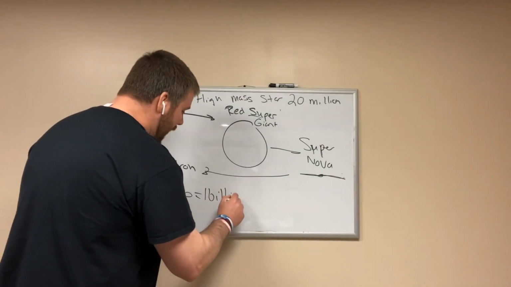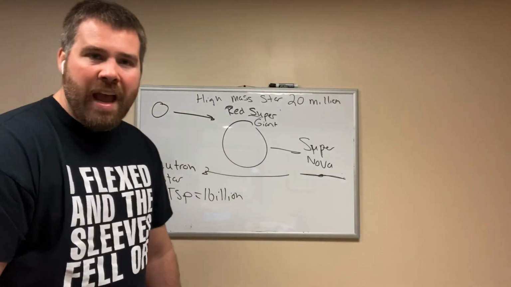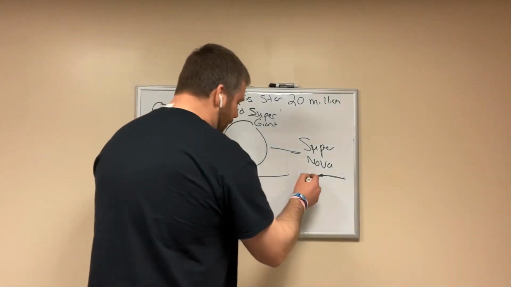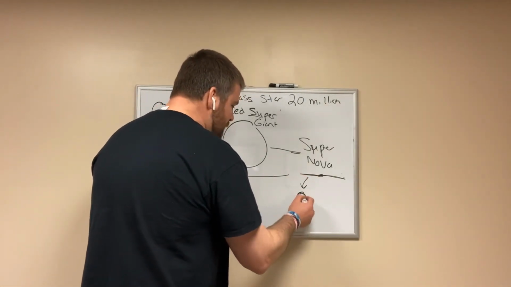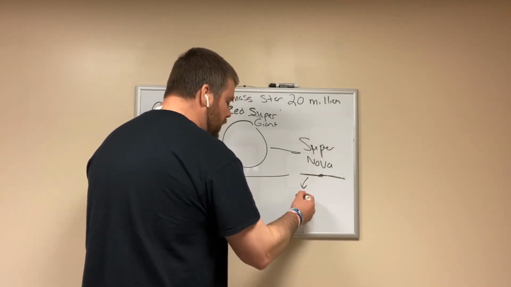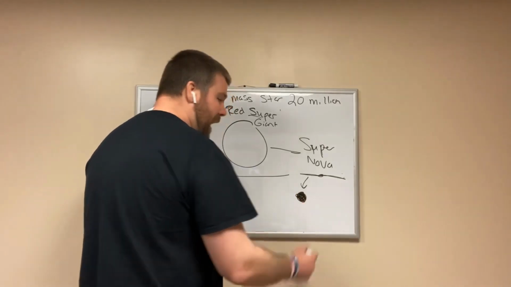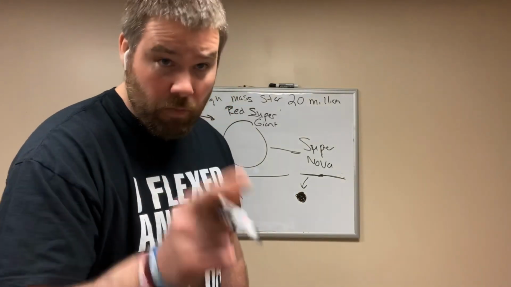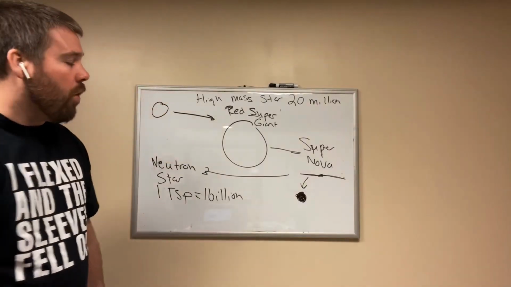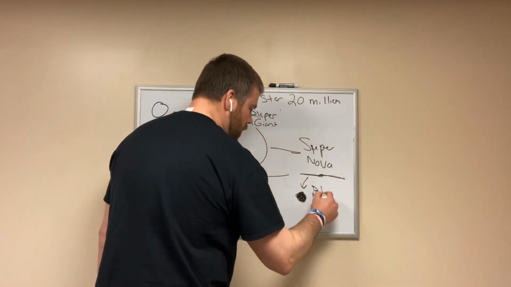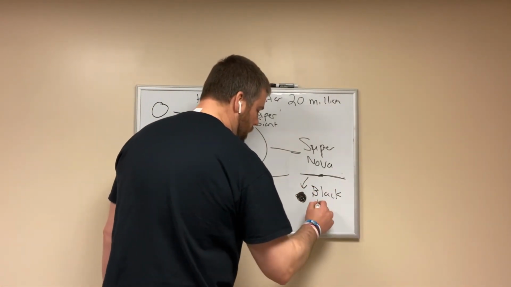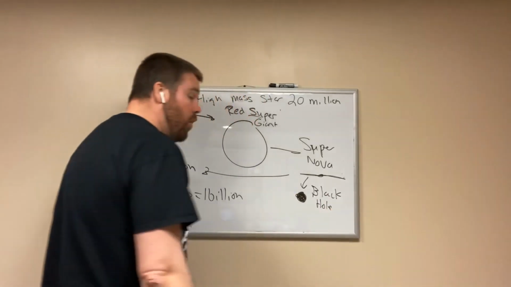Or you have what everybody knows and loves, a black hole. A black hole is really cool. They say that there's a black hole in the middle of our Milky Way galaxy. And the black hole is what it says, it's black.